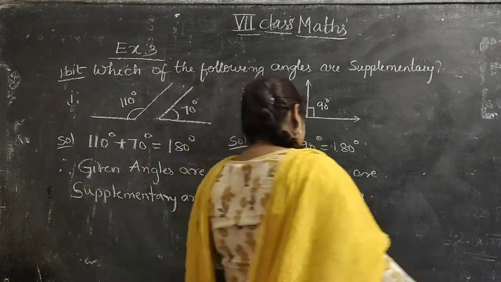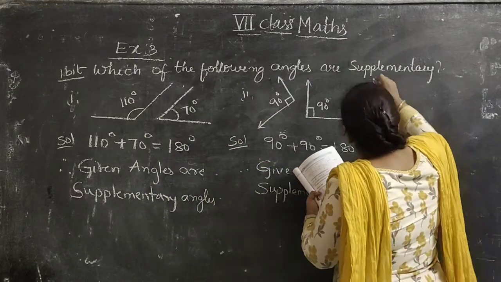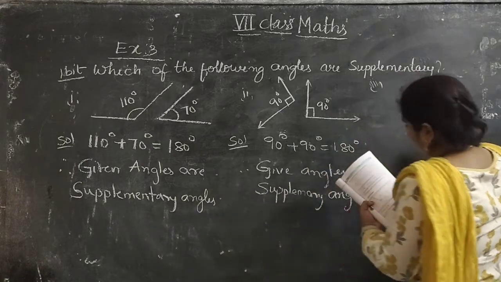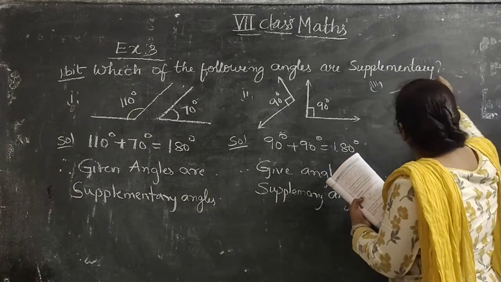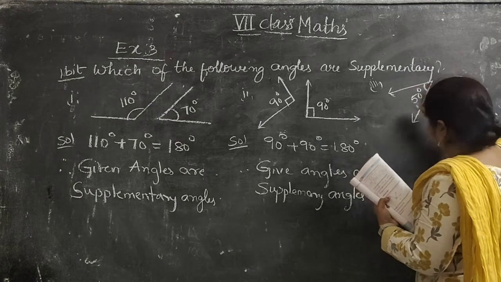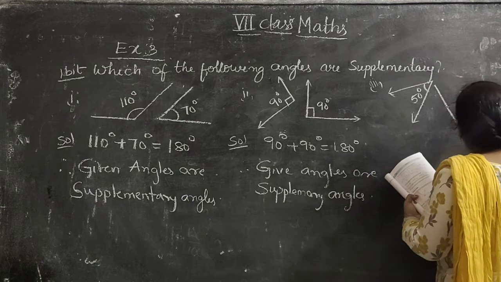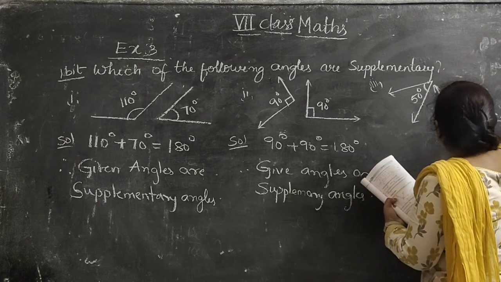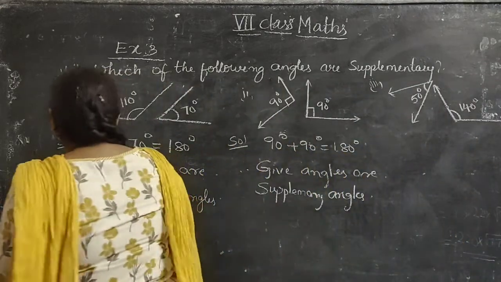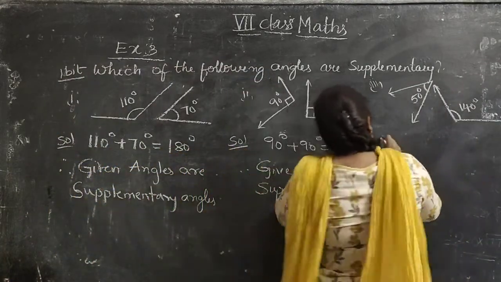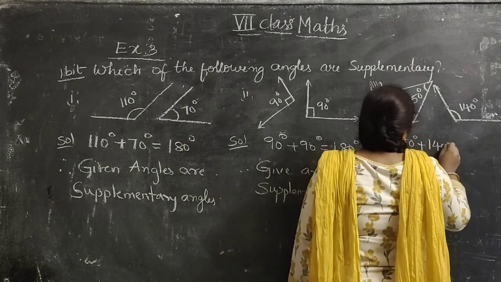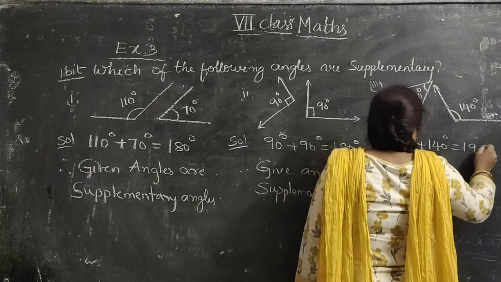Next is, so this is 50 degrees. This is 140 degrees. We have to check whether these angles form supplementary angles or not. 50 plus 140 is equal to 190 degrees.